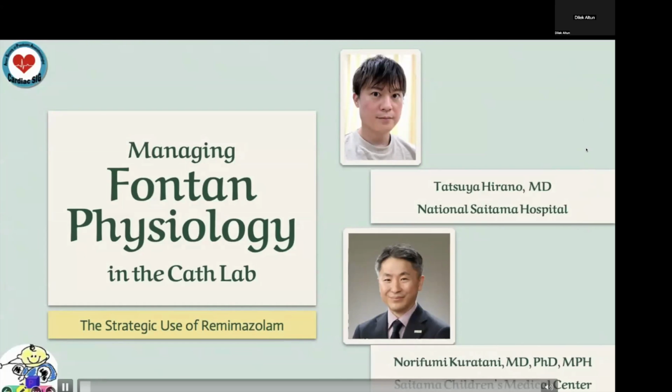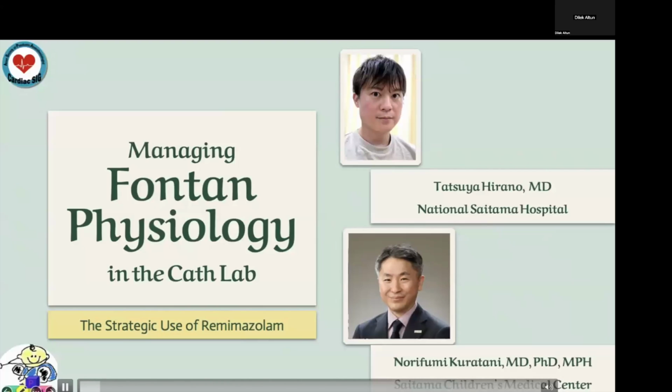As you may know, Fontan surgery is the final palliative procedure for patients with single ventricle congenital heart disease. This surgery reroutes blood flow to bypass the right ventricle, relying entirely on passive flow from the systemic veins to the pulmonary arteries without the assistance of a ventricular pump.